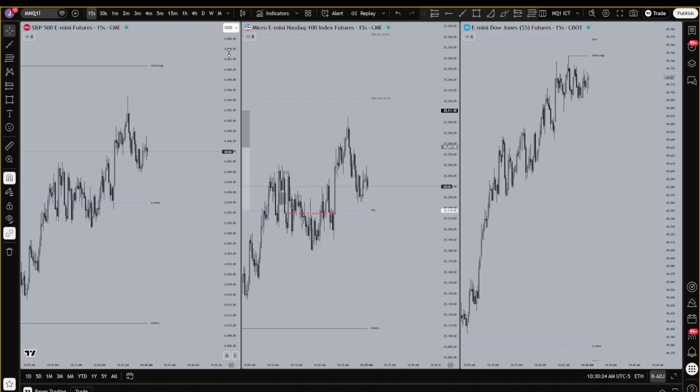This price action is just funky as hell. Yeah, definitely not ideal right now.